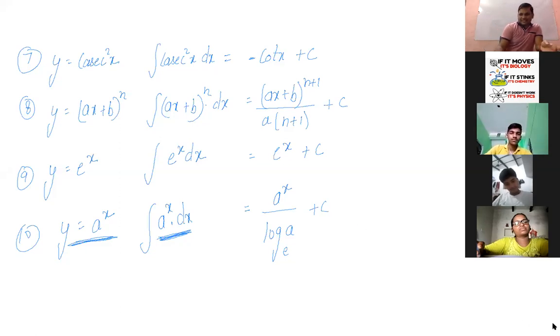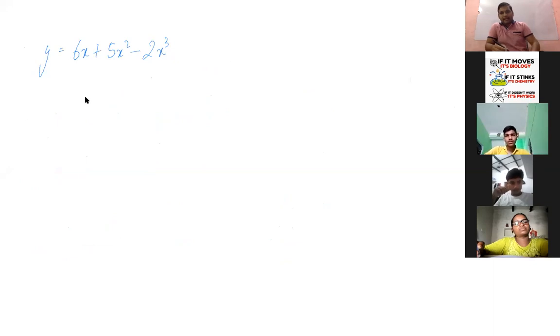Coming to the next page, let's say you have been given y is equal to 6x plus 5x square minus 2x cube. You are willing to integrate it. You just have to integrate it, and it will be an indefinite integration, because if you are not provided any limit, then that integration will be your indefinite integration.